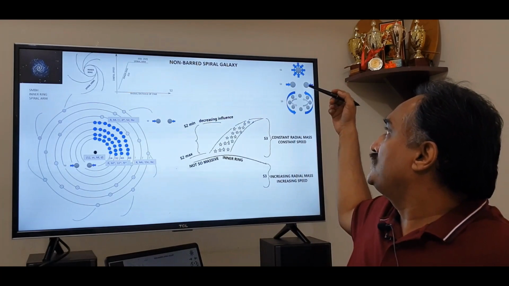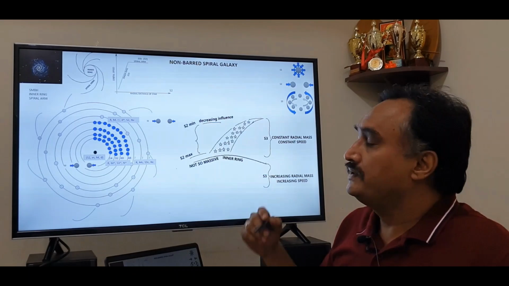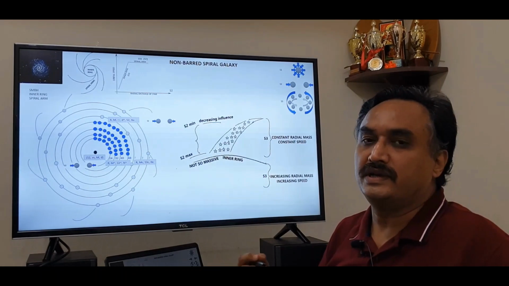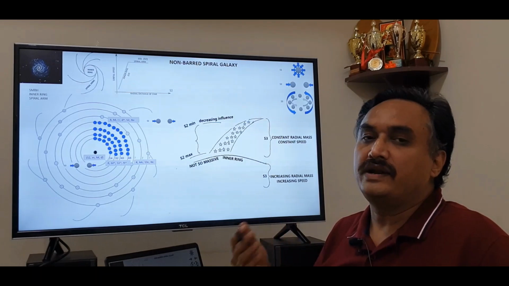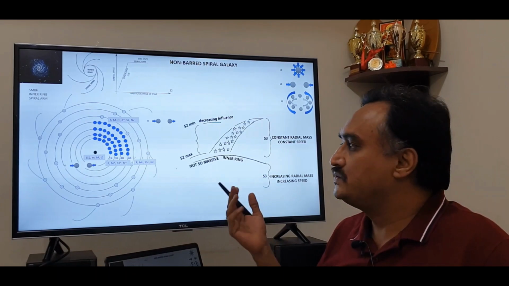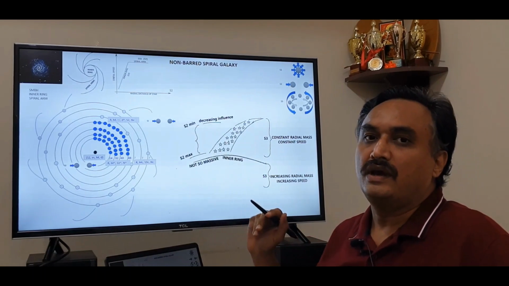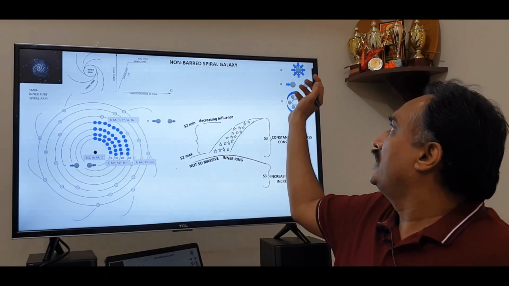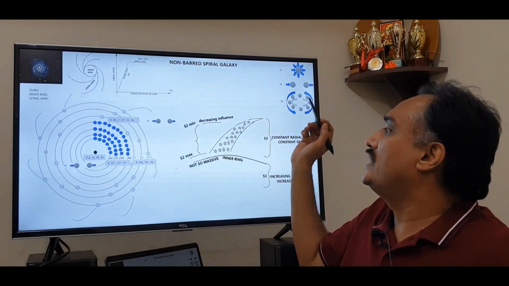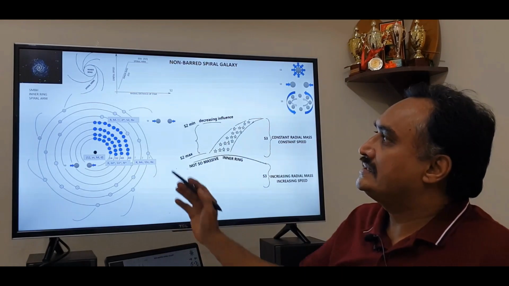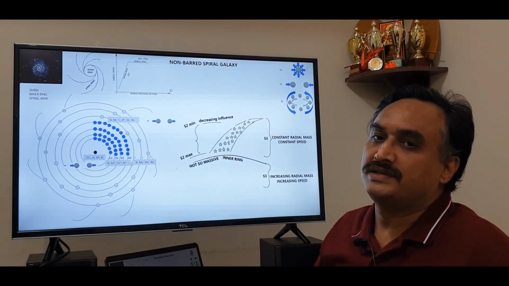So we have S1, S2 and S3. For the fact that S1 is a holding pressure, it is acting on all the sides of the mass. It does not impart any kinetic energy to it, and since we are discussing all about the speed of the stars, let us discount for the moment S1 and just concentrate on S2 and S3. So let us see this mass distribution in the galaxy.